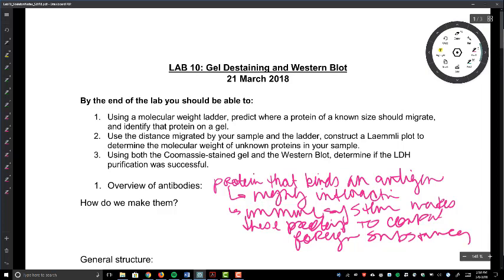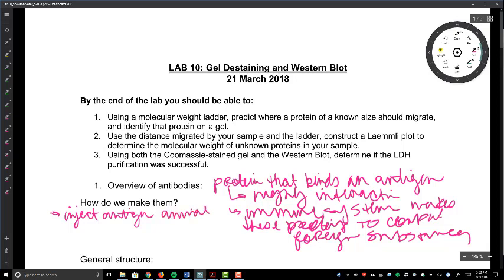So if some kind of weird chemical enters your body, that would be an immune response against that chemical. So experimentally in the lab, how do we make antibodies? Because certainly we can't use ourselves. What we do, or in particular antibody companies will do this, is inject an antigen into an animal.